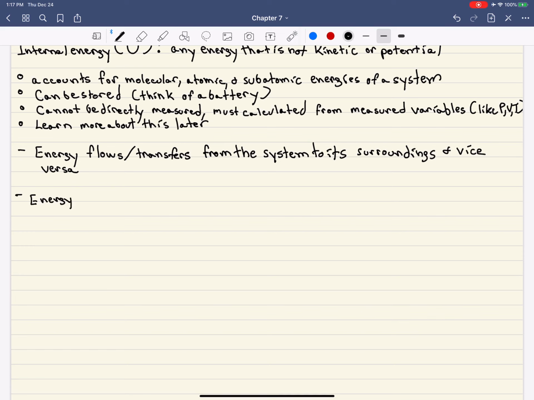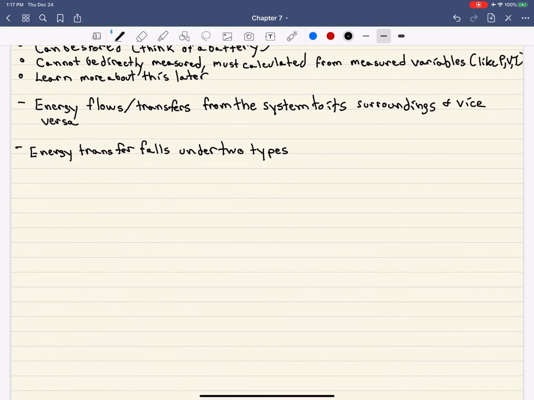Okay? All right? And now, when we talk about energy transfer, there's really just two types of ways that energy can transfer, broadly speaking. Falls under two types. The first type of energy transfer is heat.